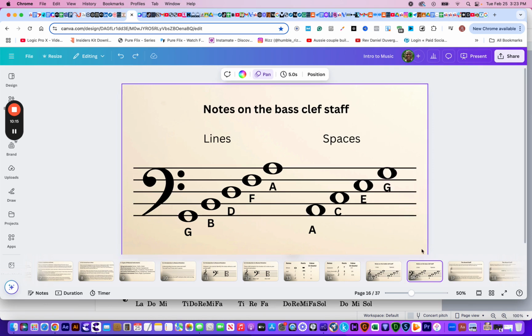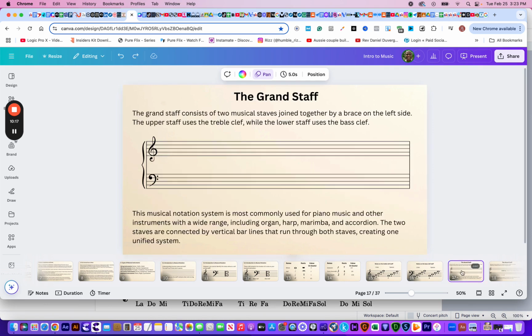All right? Now, when you put them together, let's say on the Grand staff, first of all, let's talk about the Grand staff. The Grand staff consists of 2 musical staves joined together by a brace, which is right here on the left side. The upper staff uses the treble clef, while the lower staff uses the bass clef.